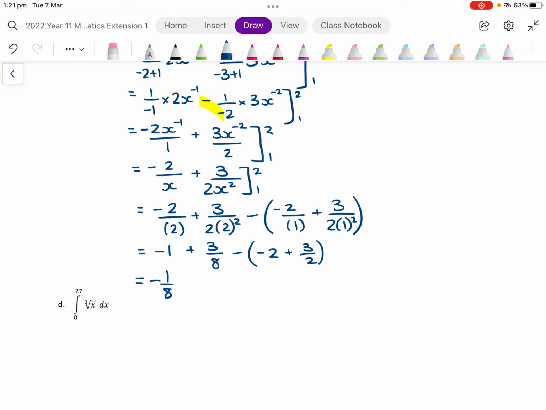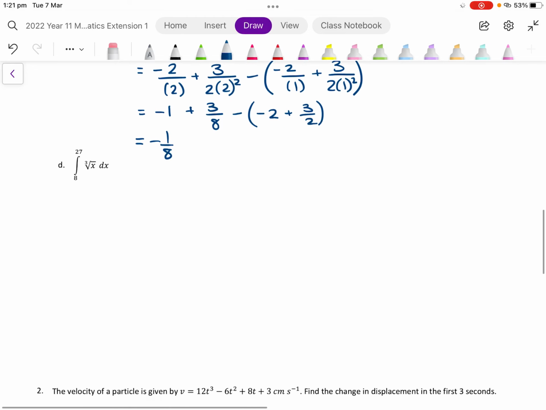Perfect. Okay, for our next example, we have the integral of 8 to 27, of the cubed root of x dx. So what we need to do is rewrite this with our cubed root of x as a fractional indice, which is x to the power of a third with respect to x.